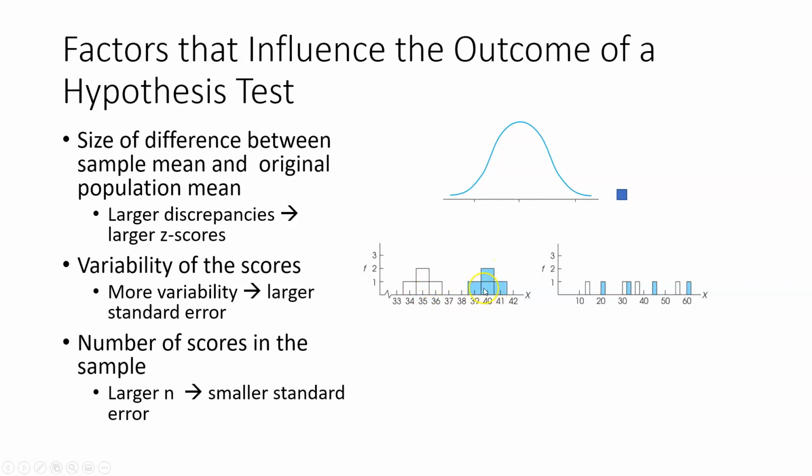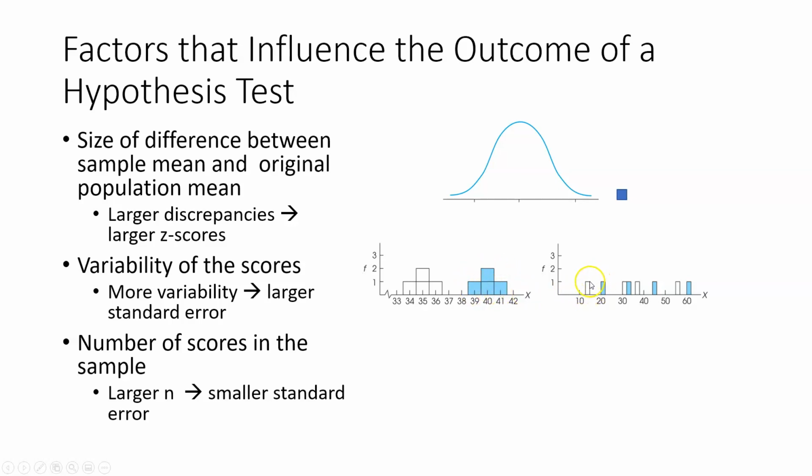That means that you're going to have small standard errors. These do not fall very far from the population mean of each group, and that means that you're going to have very low standard errors that make it easy for you to reject the null hypothesis.